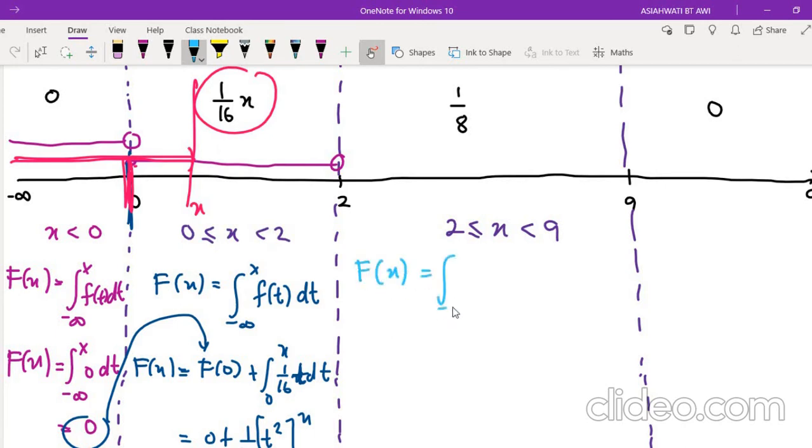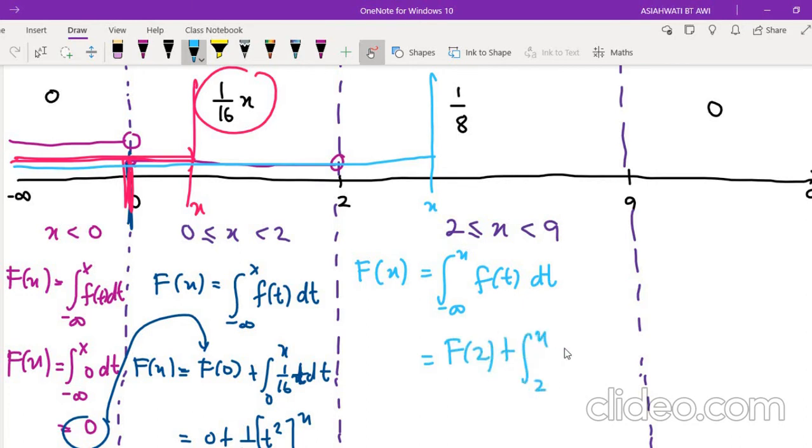For the next region, we need to find F of x using the same formula, the integral from negative infinity of f of t dt. Here it is from negative infinity up to x, where x lies in the region from 2 to 9. So from negative infinity up to 2, F of 2, plus 2 to x.